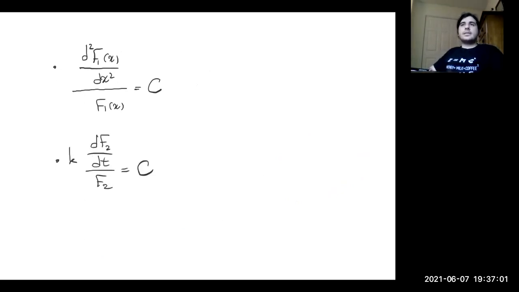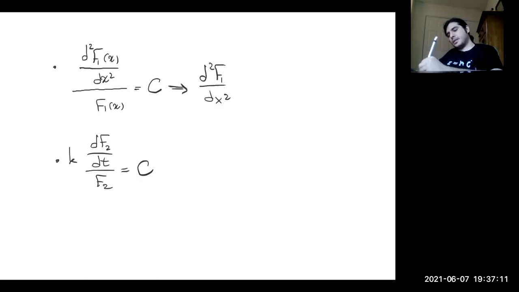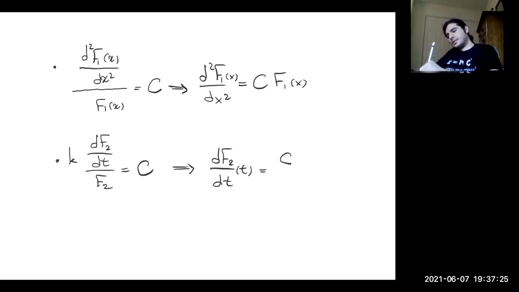And now this gives us two ordinary differential equations. The first one says the second derivative of f1 with respect to x squared is equal to c f1(x). Everything is about x. And the second one says the derivative of f2 with respect to t is equal to c over k times f2(t).